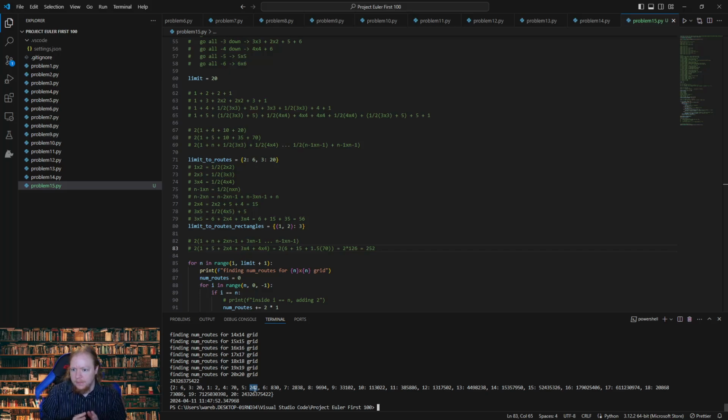So, how do we write out this formula? More specifically, how do we write out this formula for a 20 by 20, and actually do that maths.